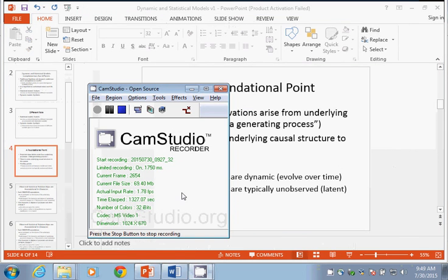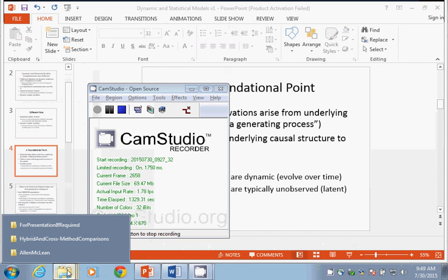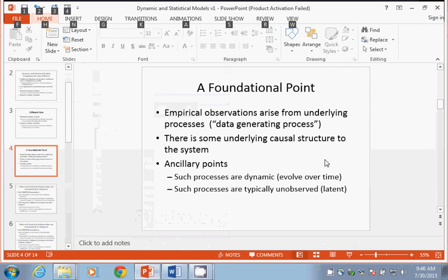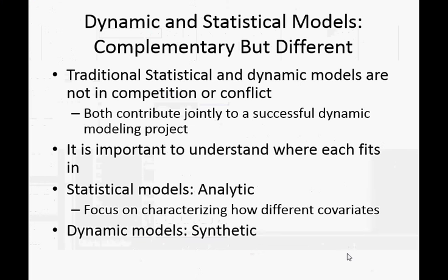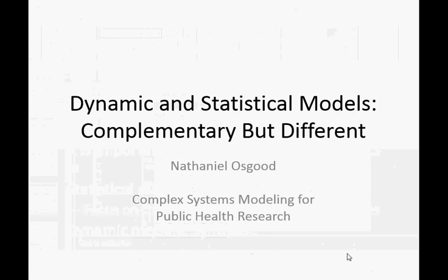I did want to make a few comments on the issues of statistical models and dynamic models. Unfortunately, this is sometimes characterized as a competition or as a counterposition that's, if not transgressive in nature, at least shows a fundamental tension.